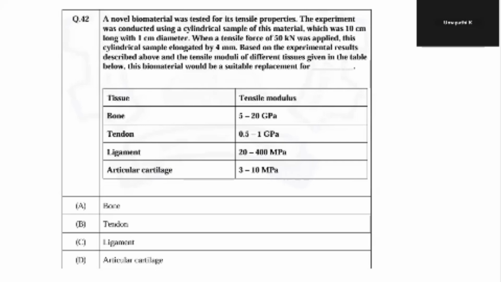Here we have to find which tissue the tested material would be suitable for, based on the tensile modulus. So first we have to find the tensile modulus. We will see in the next slide.